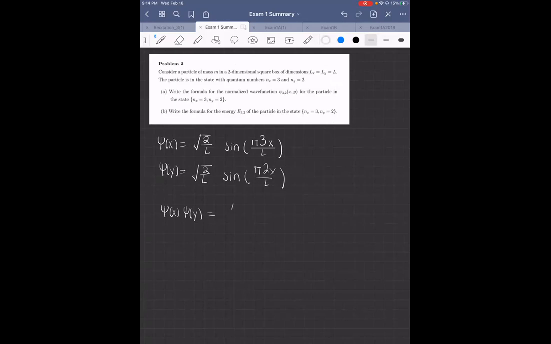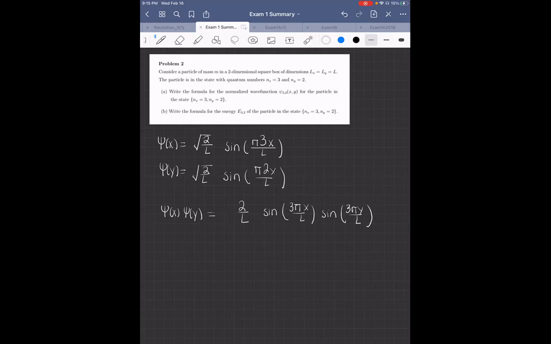This is equal to the square root of 2 over L times the square root of 2 over L, times sine of 3 pi x over L times sine of 2 pi y over L. This is just going to be equal to 2 over L. Does that make sense, guys? We can just leave it as that. That's your final answer.